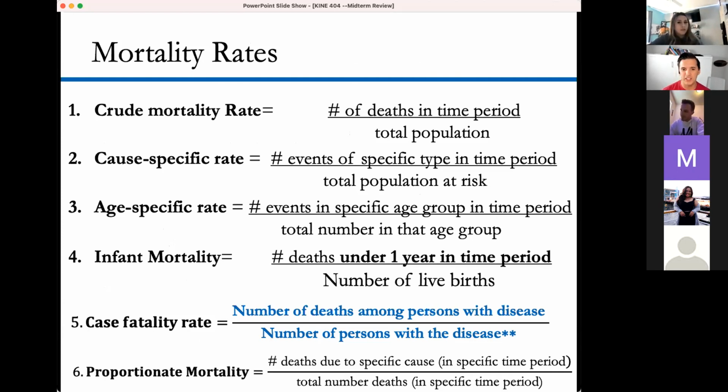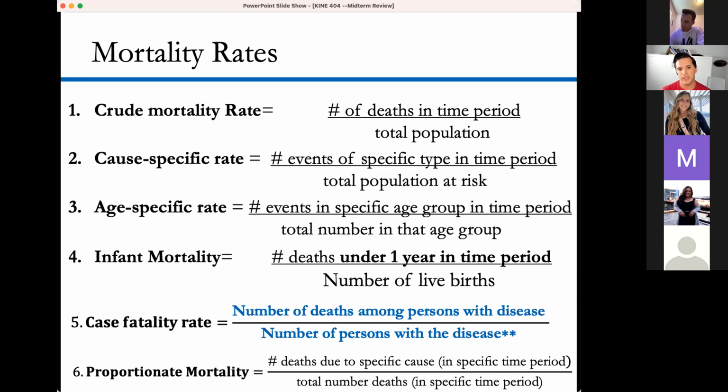So if you want to organize the formulas in a different way than what I've provided them to you, I would recommend that you do that, and you set them up in a way that is understandable for you, so that when you get to a calculation problem, you can easily identify the formula you need and plug in the numbers that you need to plug in to be able to do the calculation and interpret the answer.